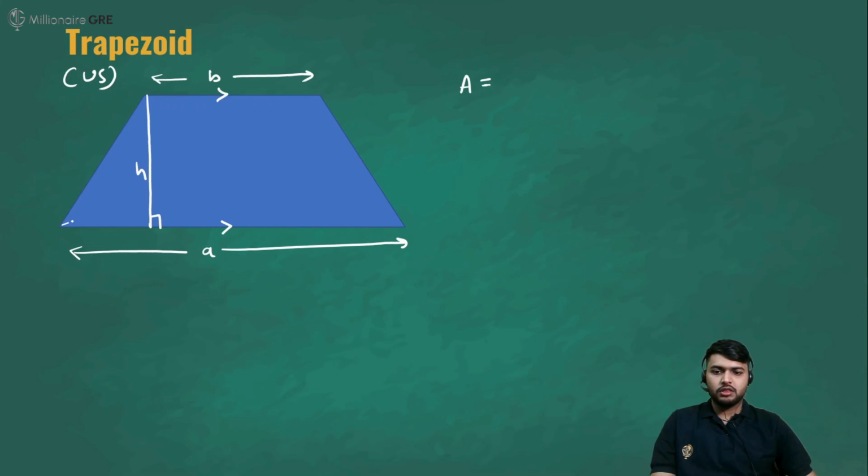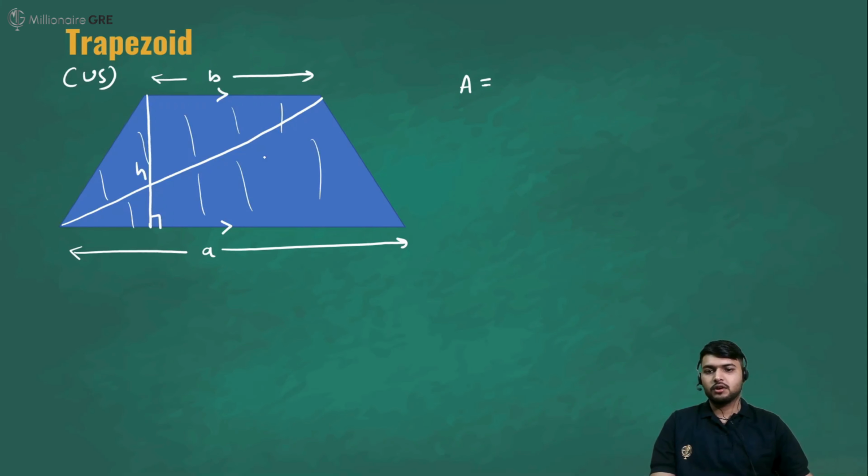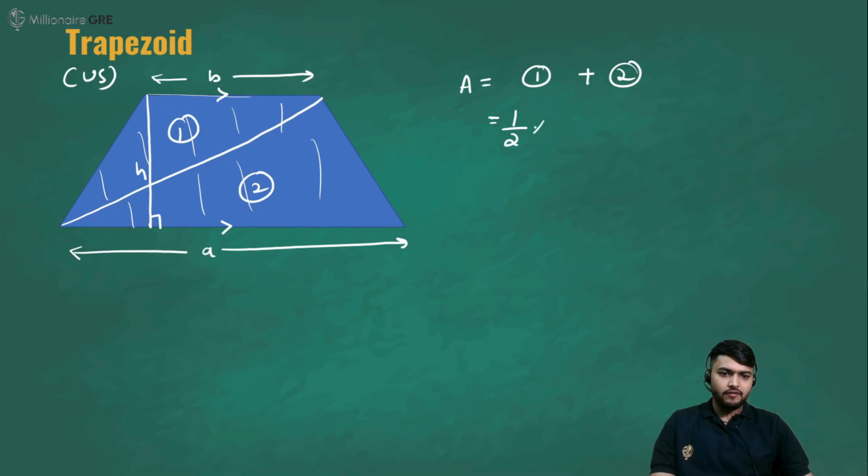Now let me draw this diagonal. We get two triangles here. This is one triangle, this is another triangle. Let's call it triangle 1 and triangle 2. Area of the trapezium will be equal to area of triangle 1 plus area of triangle 2. What is the area of triangle 1? We can take base as B, so half times base.